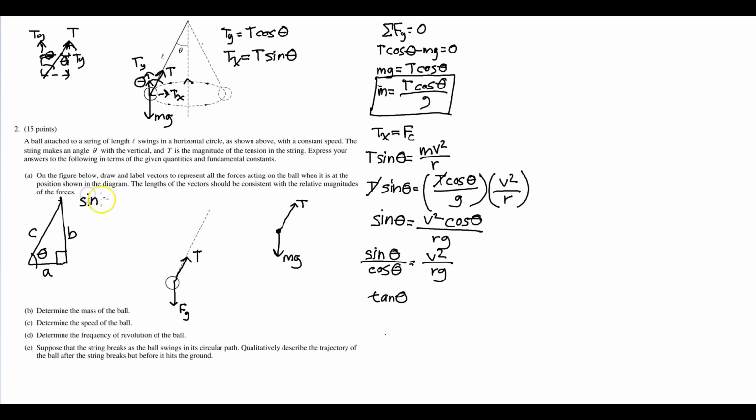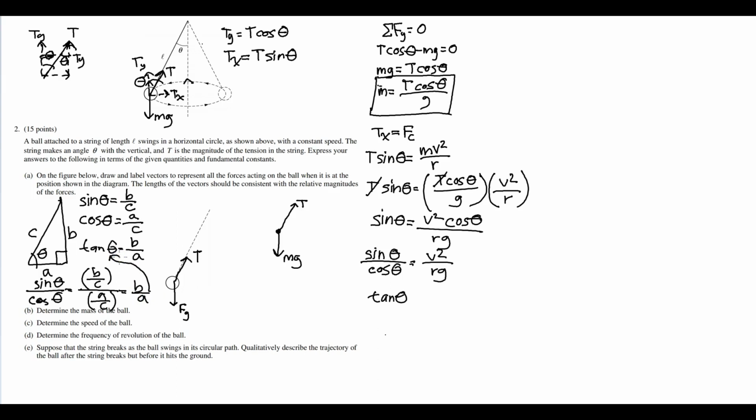The sine theta will be opposite over hypotenuse, so B over C. Cosine of theta will be adjacent over hypotenuse, A over C. And tangent of theta will be opposite over adjacent, B over A. So if you were to divide sine theta by cosine theta, you get B over C over A over C. And if you multiply by the reciprocals, you get B over A. And that is tangent of theta.